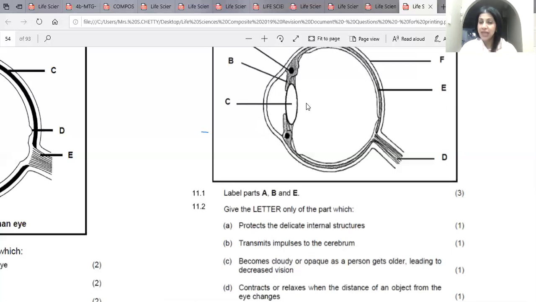To become less biconvex is for things distant from you, for distant vision. So as you get older, that elastic nature of the lens is lost. The elasticity of your skin drops as well, and thus you have the face falling and all these wrinkles. So the lens also suffers with age.